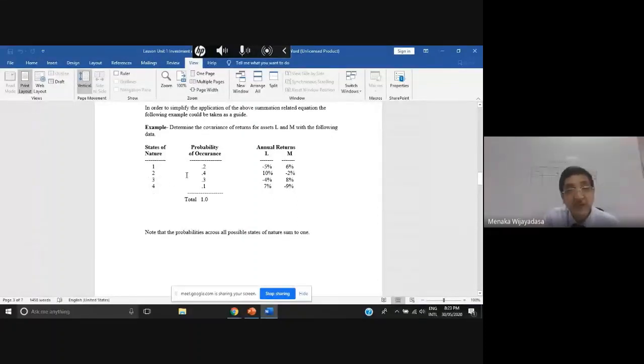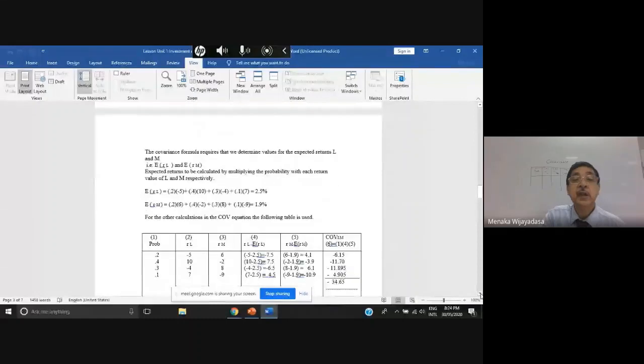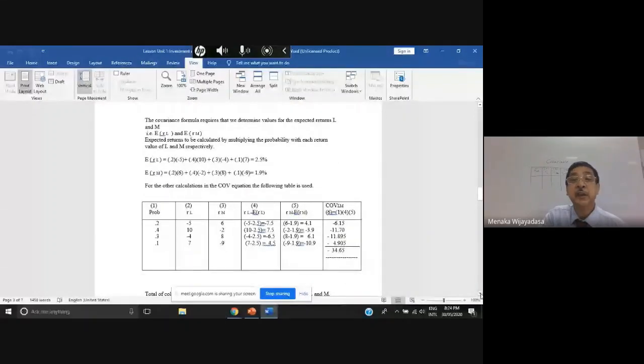The probabilities of occurrence are 0.2, 0.4, 0.3, 0.1, and annual returns are given for L and M. Now I showed you, even if not that successfully, the way of calculating the expected rate of return of L and of M. That, of course, is given in the lesson here. ERL is calculated as 2.5 and ERM is calculated as 1.9%.